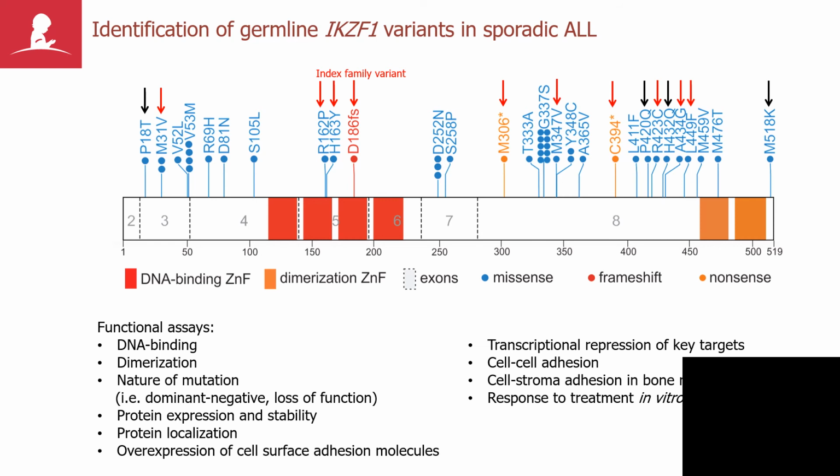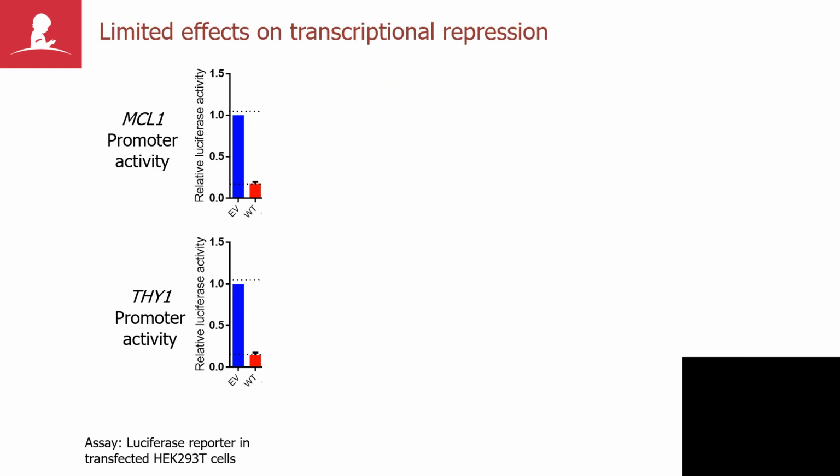Ten of these mutations or variants were subjected to a large battery of tests, and a couple of points can be made. The first is that if we looked simply at the transcriptional effects of Ikaros in vitro in standard cell reporter assays, we'd see that most mutations do nothing.